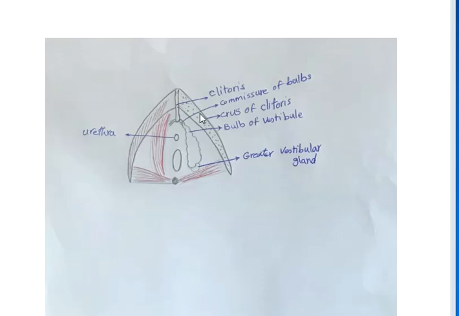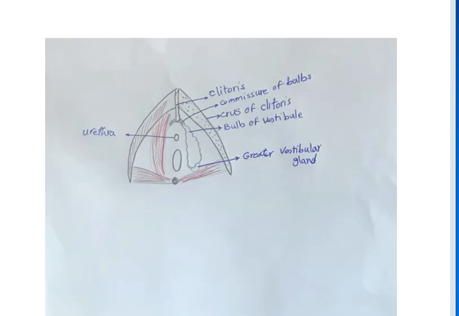And as I mentioned before, we do not expect here the bulb taking part in making the clitoris as we had in the male. I mean when we made a cut through the penis, because it is homologous to the penis, without corpus spongiosum.